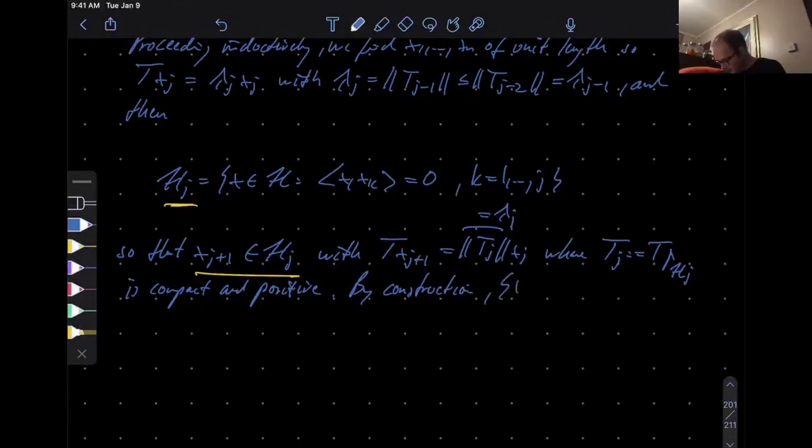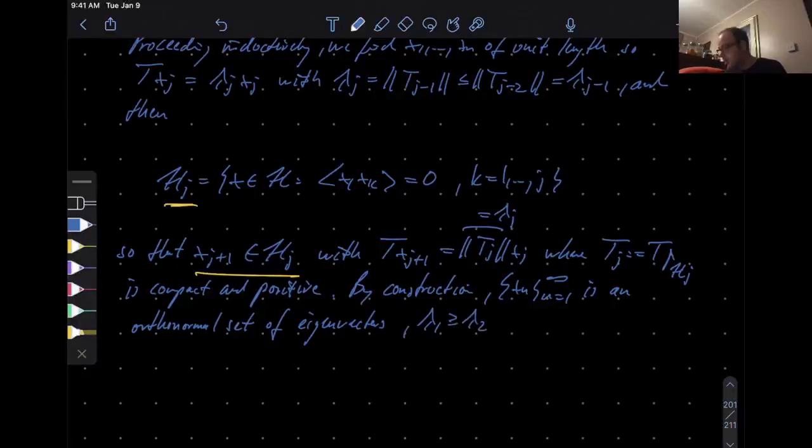Excellent. Now by construction, that I already said in words, you're generating here an orthonormal set of eigenvectors. So (x_n), n from 1 to infinity, is an orthonormal set of eigenvectors. All these eigenvectors are ordered downward. So lambda 1 is the biggest, and then lambda 2. They could be equal to one another.